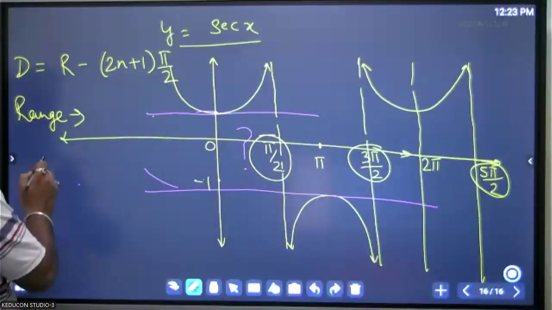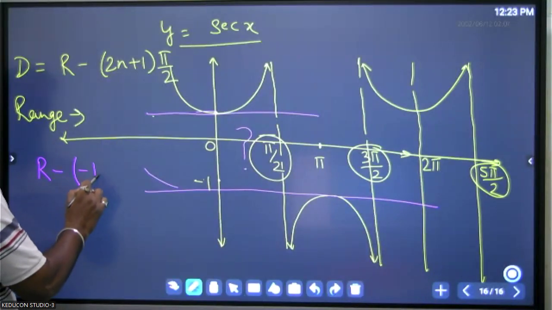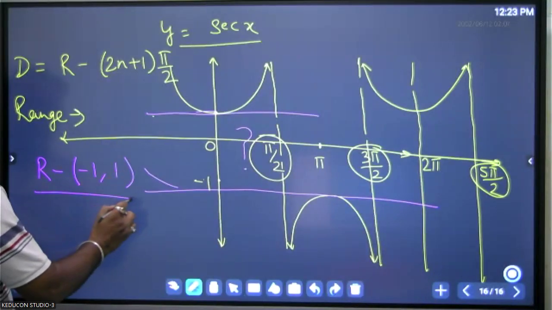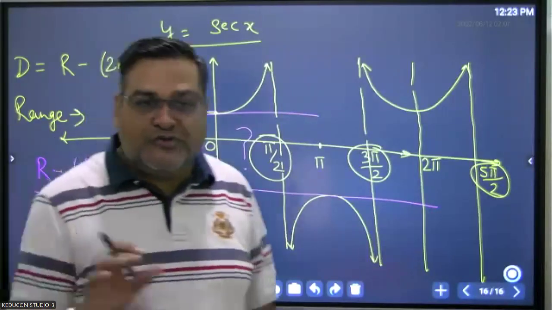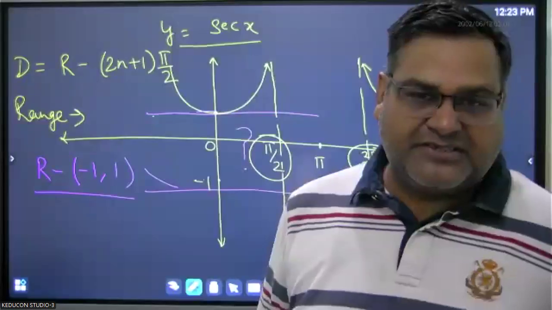So what will be the range? R minus (-1 to 1). Secant does not attain any value between -1 and 1. Apart from that, all real numbers, right?